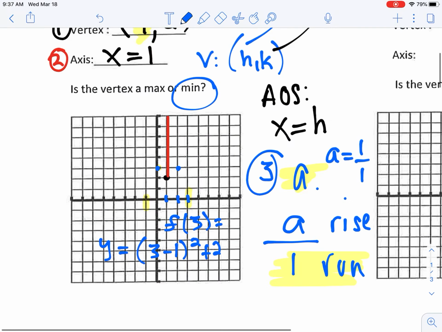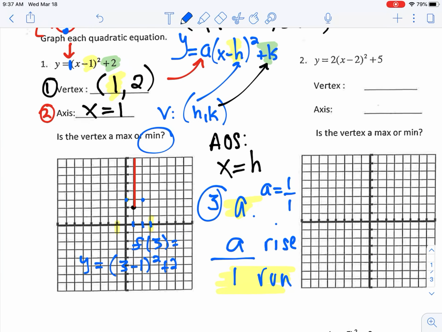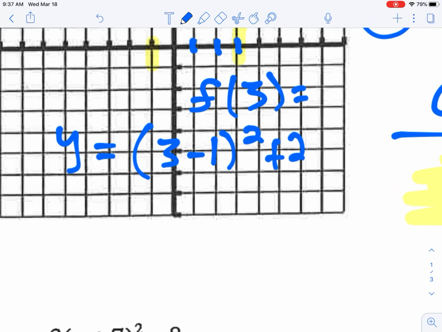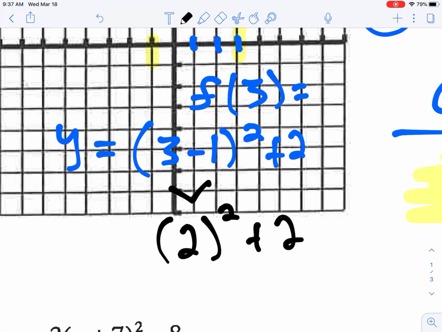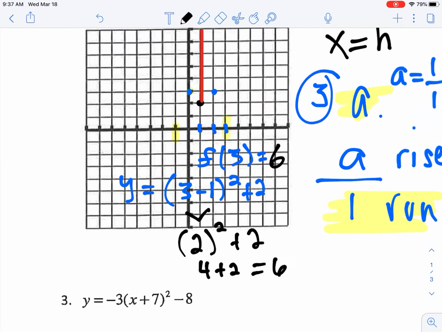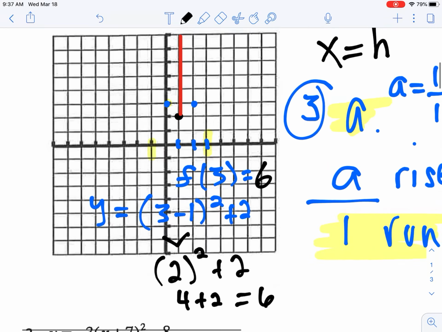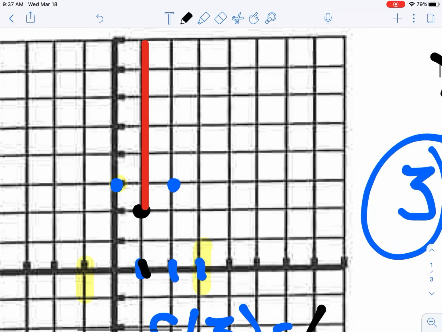Let me go back and check. Minus 1 plus 2, that is correct. Okay, so now we're going to simplify. So 3 minus 1 is 2, and we're going to square that, plus 2. 2 squared is 4 plus 2, so we get a y value at 6. So when x is 3, y is 6. So here's 1, 2, 3, up 1, 2, 3, 4, 5, 6.